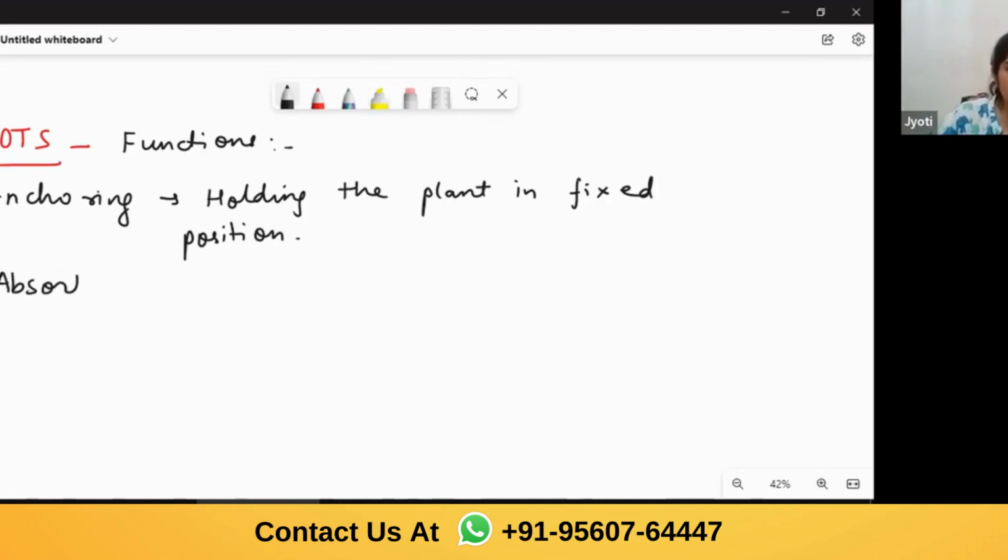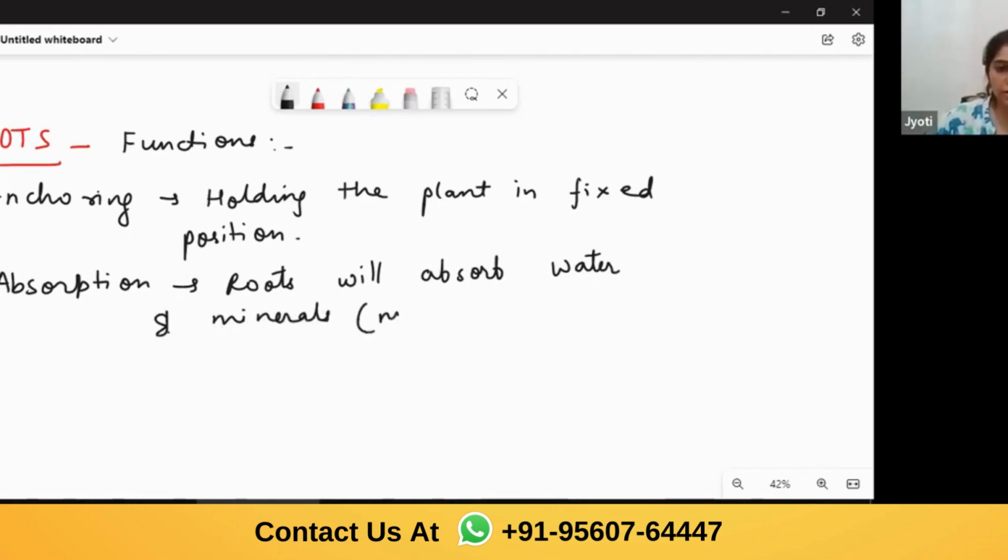Why absorption? Because the roots will absorb water and nutrients or minerals from the soil. Minerals, or we can say other nutrients also from the soil.